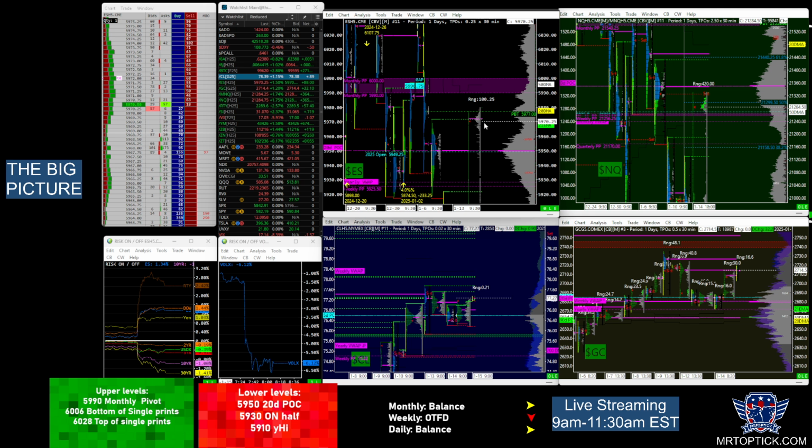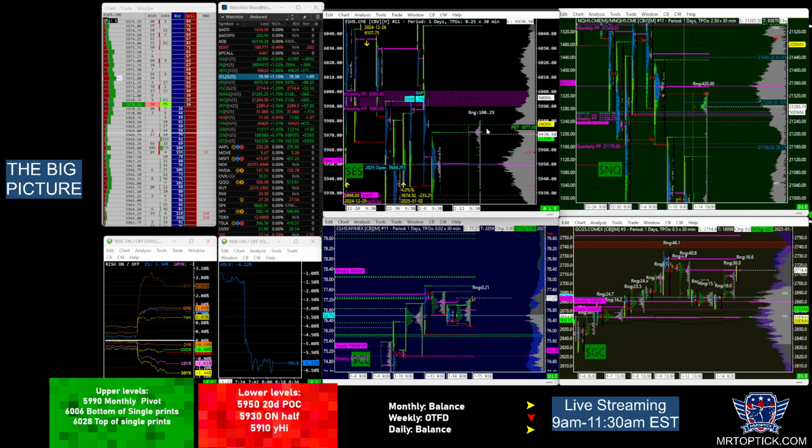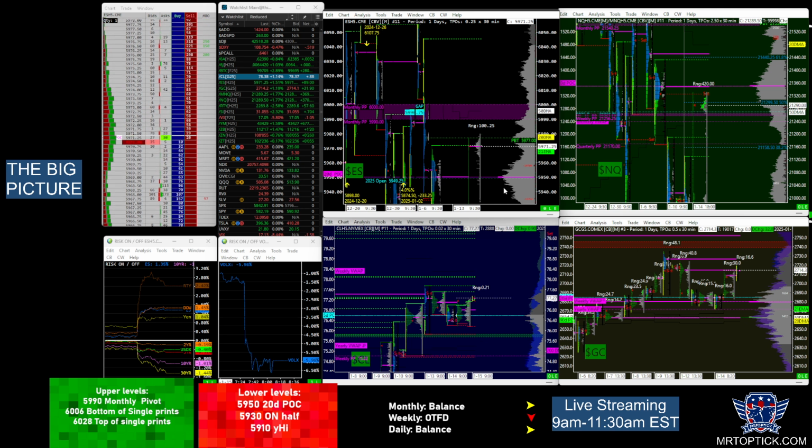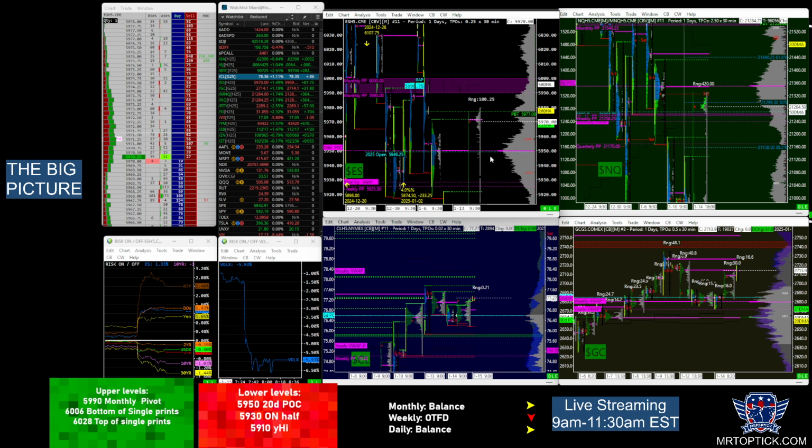So we can expect some trading in this area. And after a 100-point spike, it's gonna take some energy to keep moving higher. So we might need a little bit of a pause and retest lower to see if this is actually gonna hold or not.